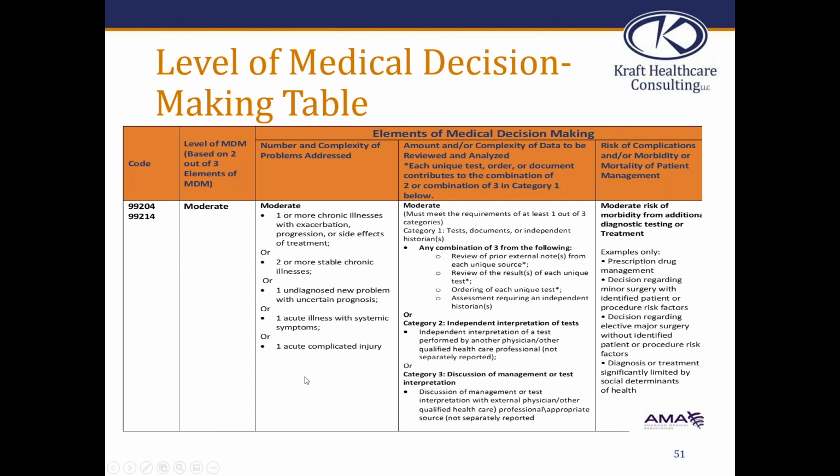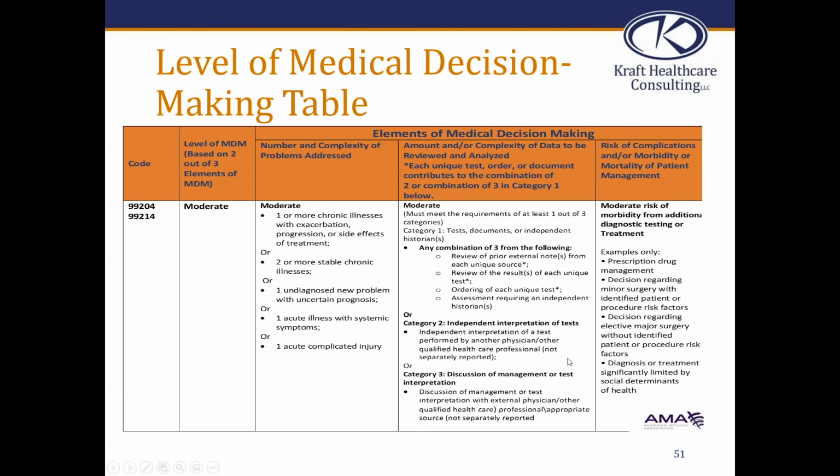For the number and complexity of problems addressed, it tells you exactly what's considered moderate. 1 or more chronic illnesses with exacerbation or progression or side effects of treatment, or 2 or more stable chronic illnesses, or one undiagnosed new problem with uncertain prognosis, or, you go on.